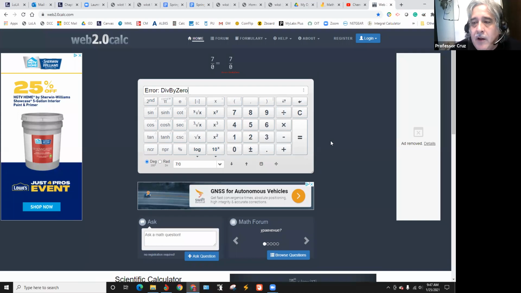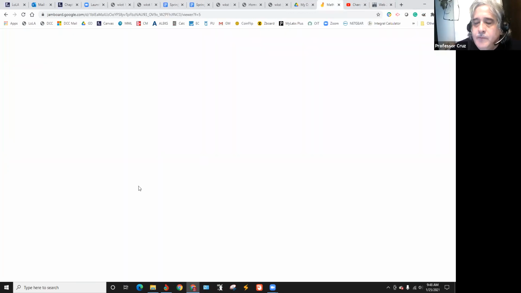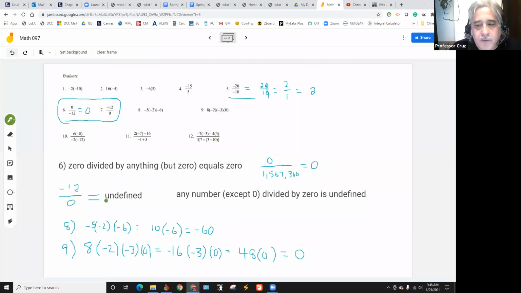And they're going to tell us error, division by 0, because as far as the calculator is concerned, it doesn't have a rule to help it do that. So they say division by 0. The preferred way of putting it in this class is undefined. Undefined. So let's go back over to that sheet.